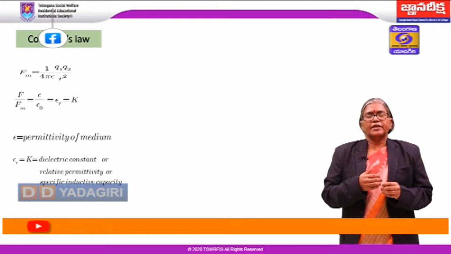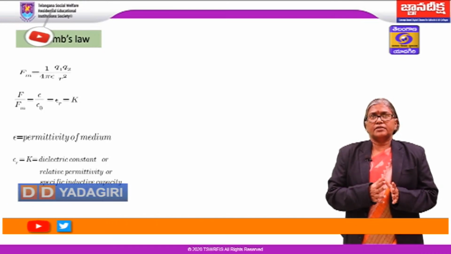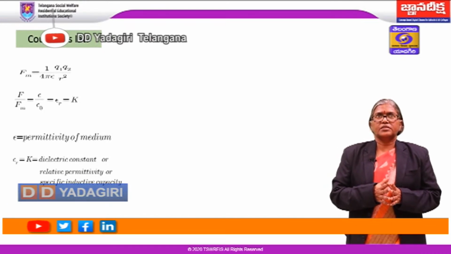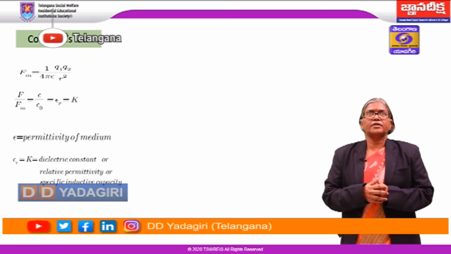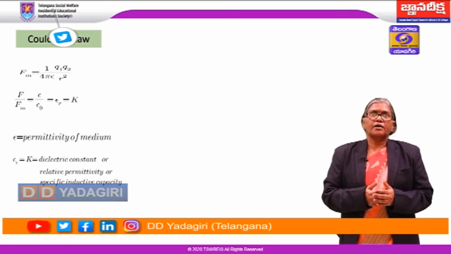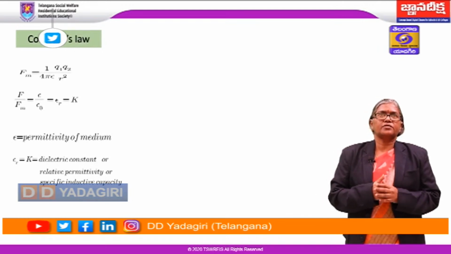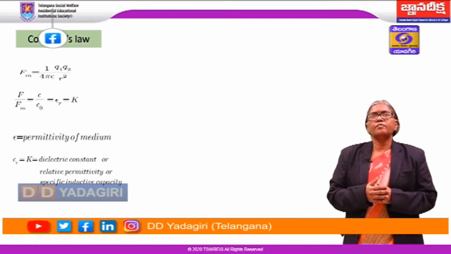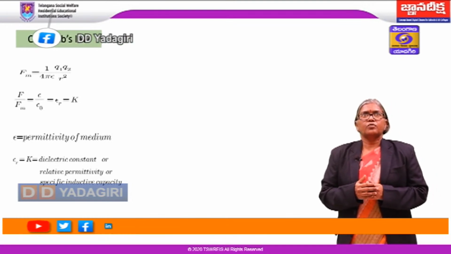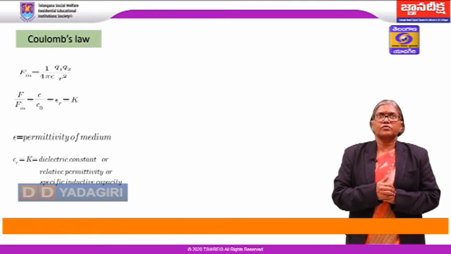Okay. The next one is, just now we learned that the force between two charges is equal and opposite. If the two charges Q1 and Q2 are both positive or both negative, in other words, if both are like charges, then force will be positive. So positive force indicates what? There is a repulsive force.